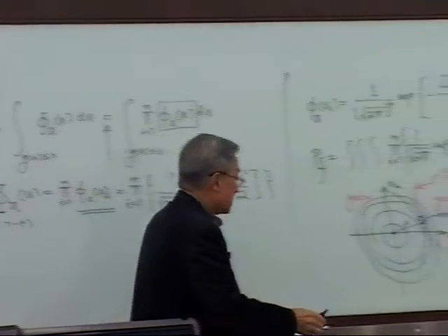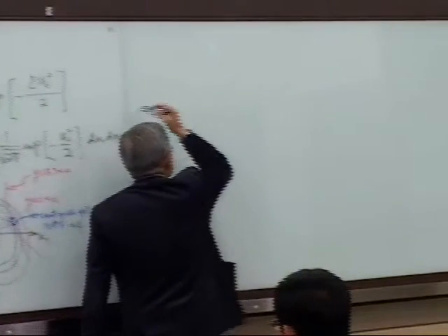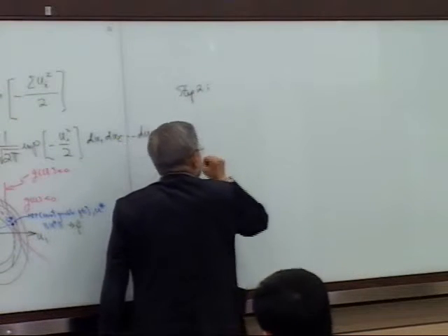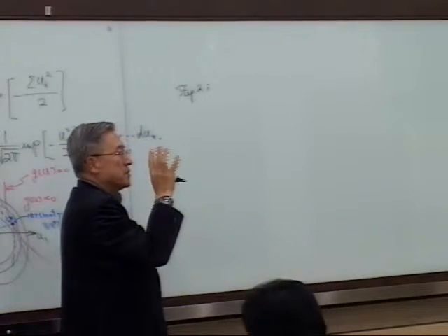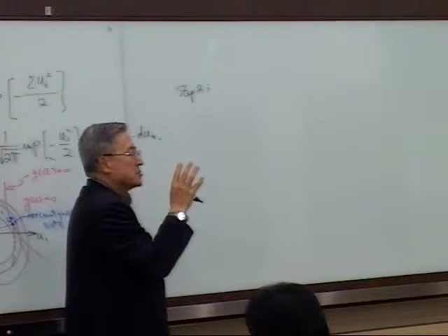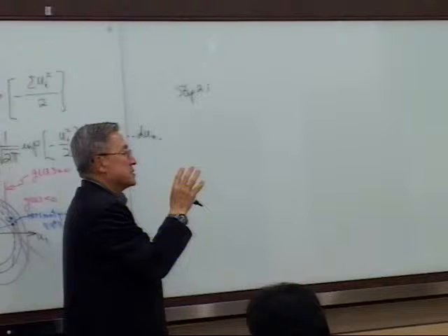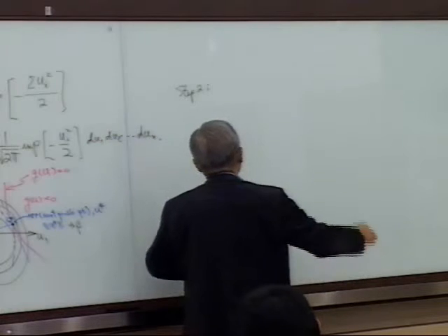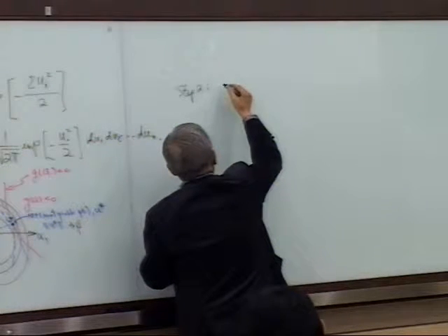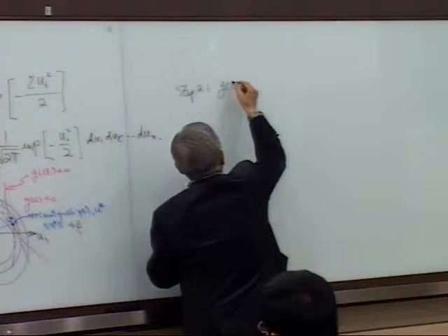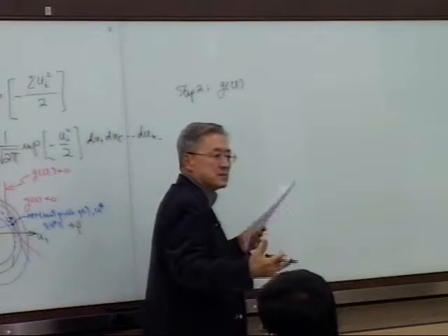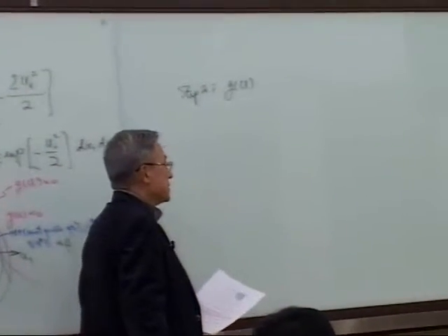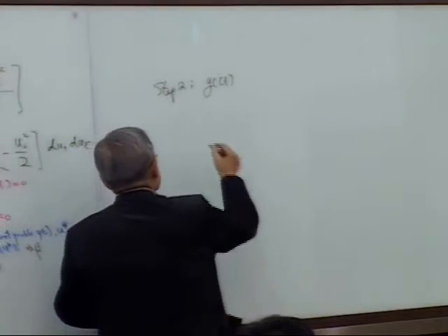We did step 1, this portion belonged to step 1, where we were looking at how to simplify the integrand, which is a probability density function. So this time, for step 2, we're going to look at the integration boundary. The integration boundary is G(U). How to simplify the integration boundary, because we have to work in the U space.